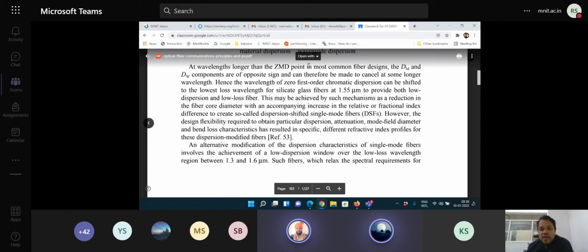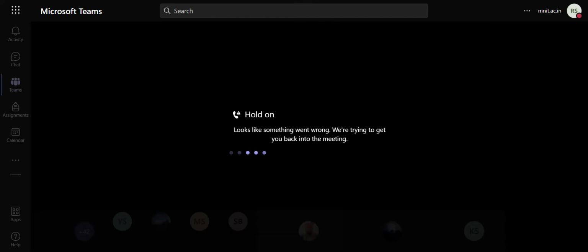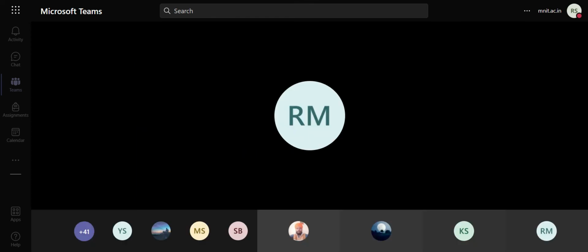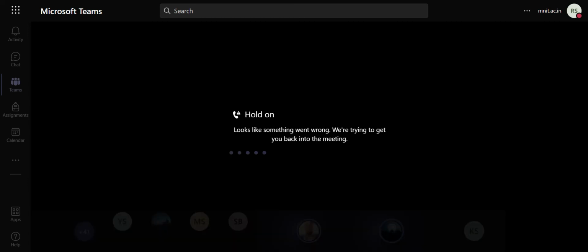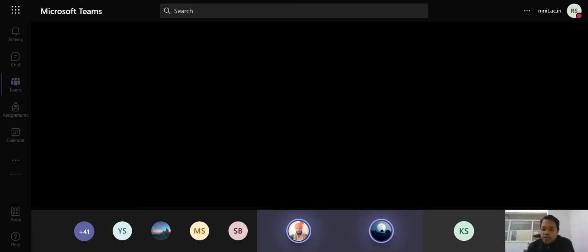So in order to have lowest dispersion also at that wavelength, the zero dispersion wavelength, which is usually around 1.3 micrometers, is shifted to 1.55 micrometers. So these are dispersion shifted single mode fibers.